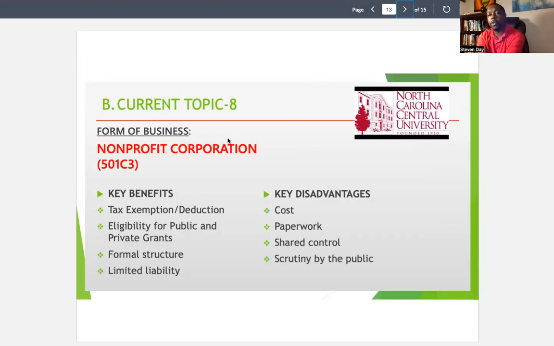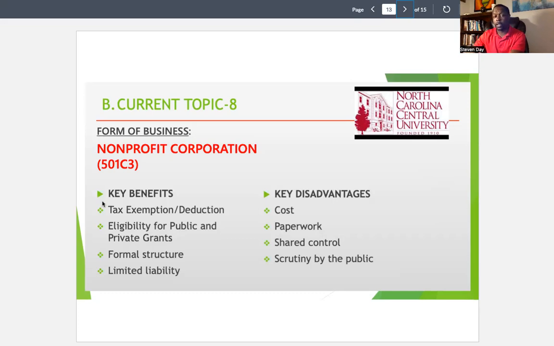And you have a 501(c)(3), which, like I mentioned, is synonymous with the nonprofit corporation. Whenever you hear 501(c), you're talking about churches, schools, and nonprofit organizations. The key benefits here are that you get a lot of exemptions, deductions, and little tax breaks, as well as eligibility for public and private grants. So you can capture value by writing grants and getting donations.